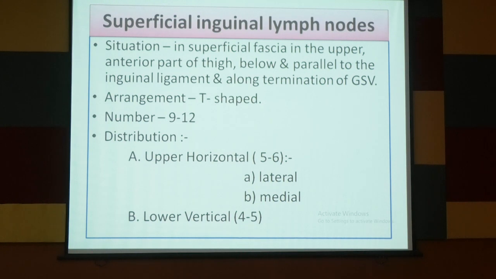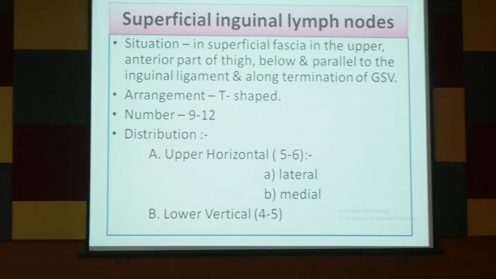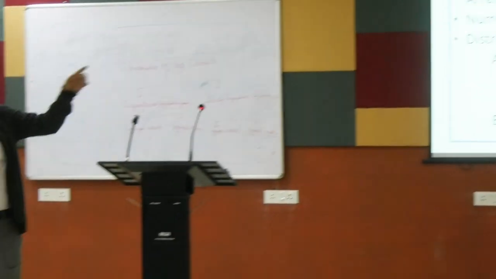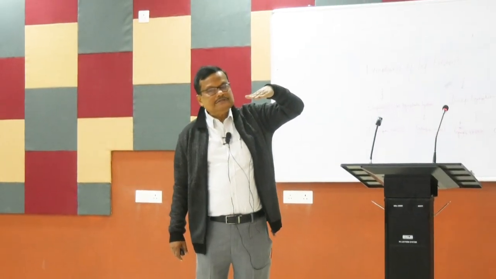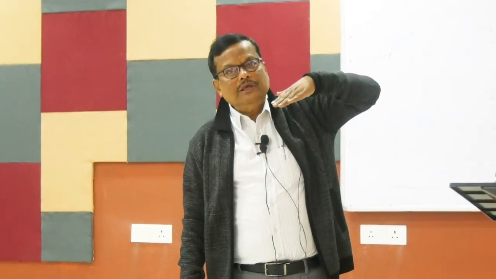GSV মানে great saphenous vein বা long saphenous vein. এটা দুটো লিখলাম কেন? একটা হচ্ছে ওপরটা হচ্ছে আপার হরিজন্টাল গ্রুপ, প্রেজেন্ট parallel to the inguinal ligament, and lower vertical group present along the near the termination of the great saphenous vein. Number, total number 9 to 12. 9টা থেকে 12টা lymph node থাকে total.